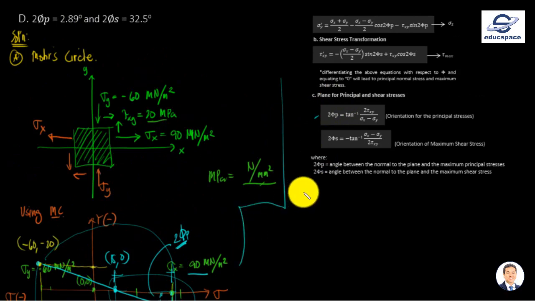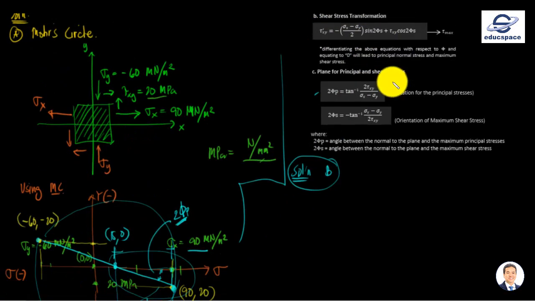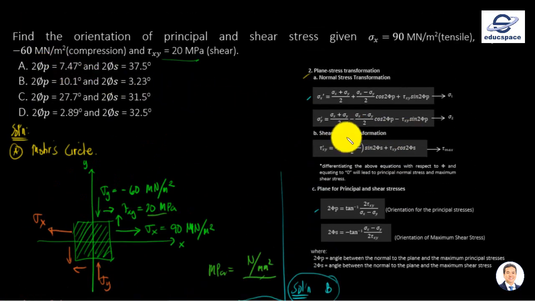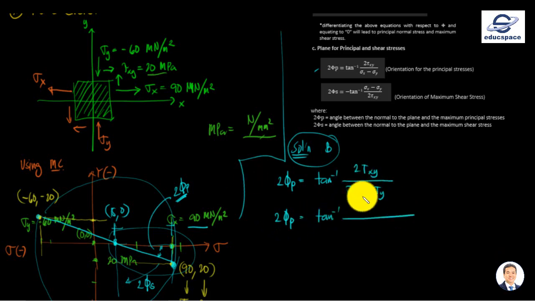Okay, so solution B. Try natin kung ma-solve natin yung angle and kung tama ba yung sagot natin using this formula. Okay, so again, take note, ang hinahanap lang natin dito is yung angle, but then for learning purposes, let's try to use this equation 2. So, 2θP is equivalent to tan negative 1, tapos 2 multiplied by the shear stress, tapos yung ating stress element sa x and y. So, 2θP is tan negative 1, 2 multiplied by 20, this one is given, and this one is 90 minus negative 60. So, ito yung angle.